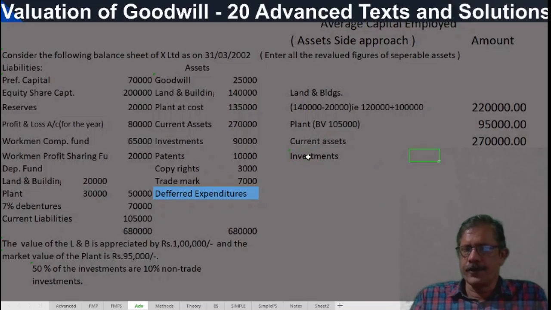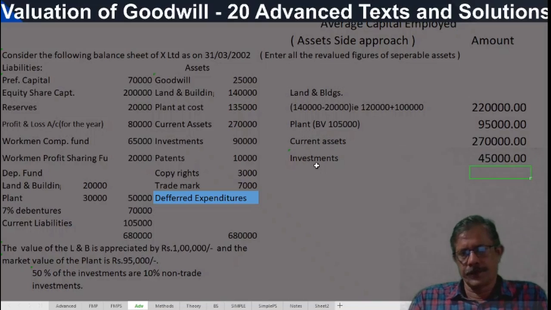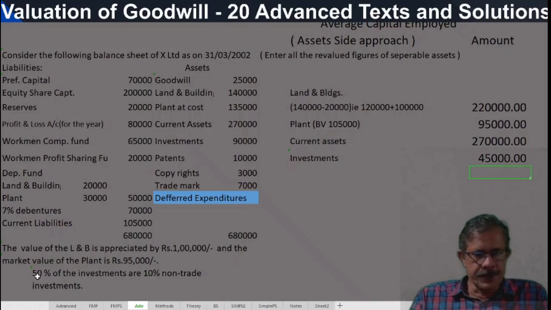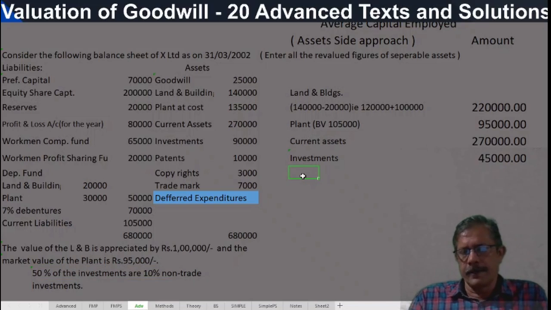That is 45,000. And he is saying 50% of the investments are 10% non-trade. If we calculate FMB in this question, 45,000 is the 50% of investments. So 10% of 45,000 is non-operating income. That should be deducted from the profits.